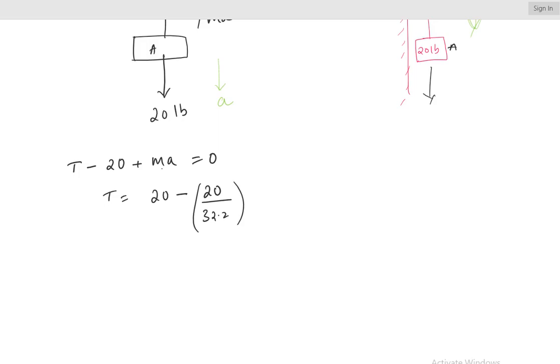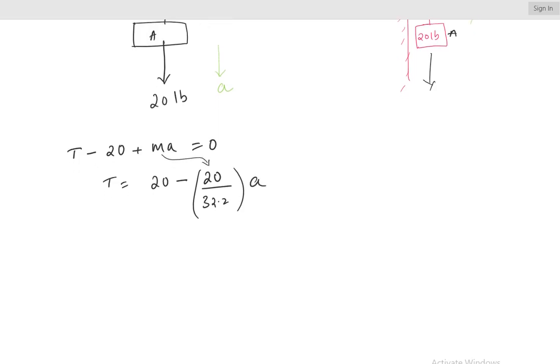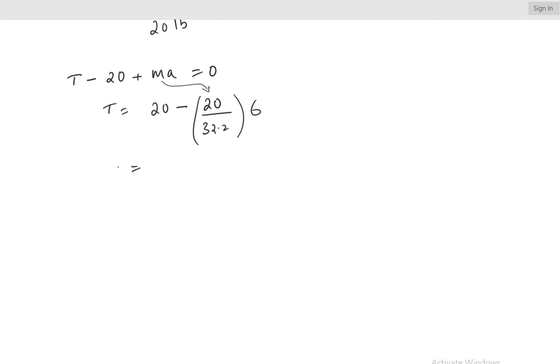This is the mass part times A, and that acceleration is 6 feet per second square. So let me go ahead and put that in. So what do we get? We get T as 16.273 pounds.